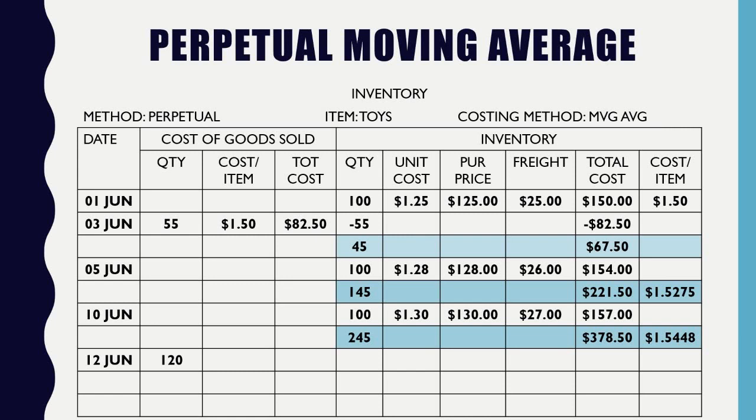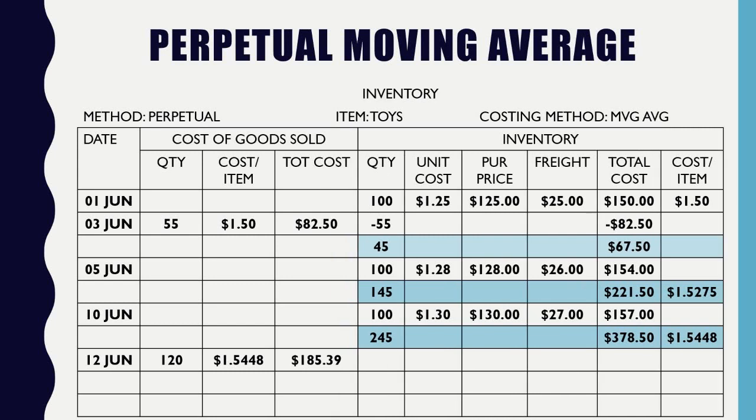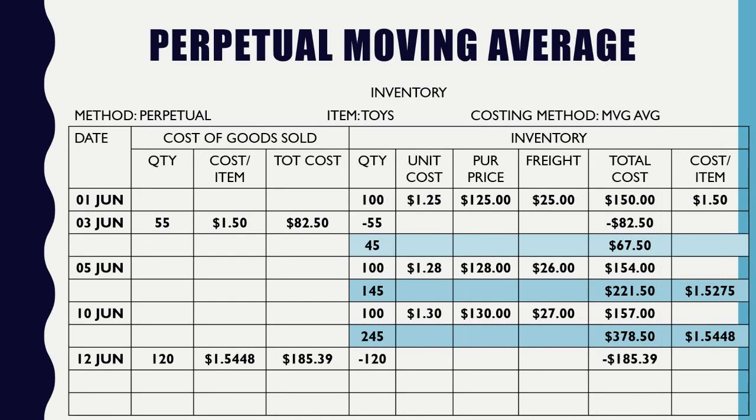So if I sold 120 units, I'm going to go look for my average cost per item at $1.5448, and pop that in there because that's the only number I have. That's going to give me a total of $185.39, which I subtract out, and that's going to give me 125 items remaining at $193.11.